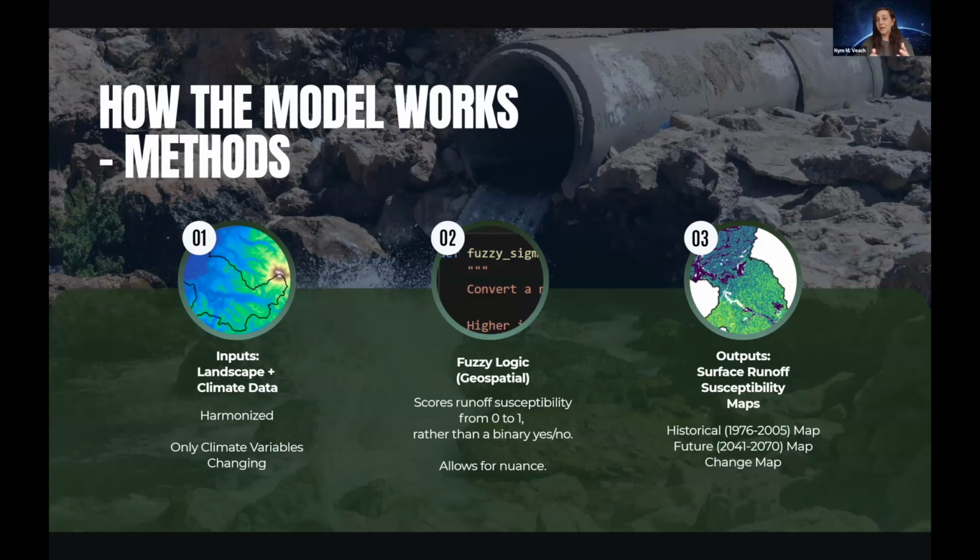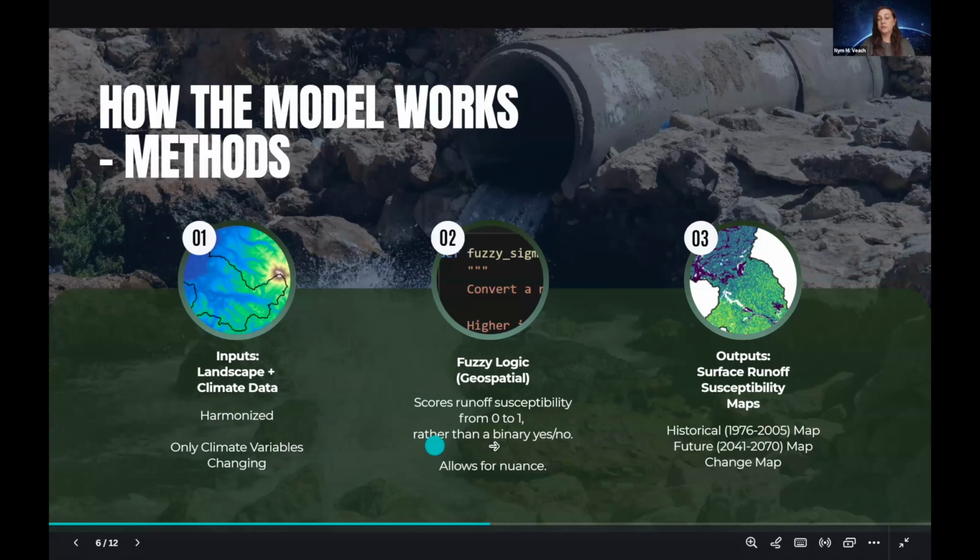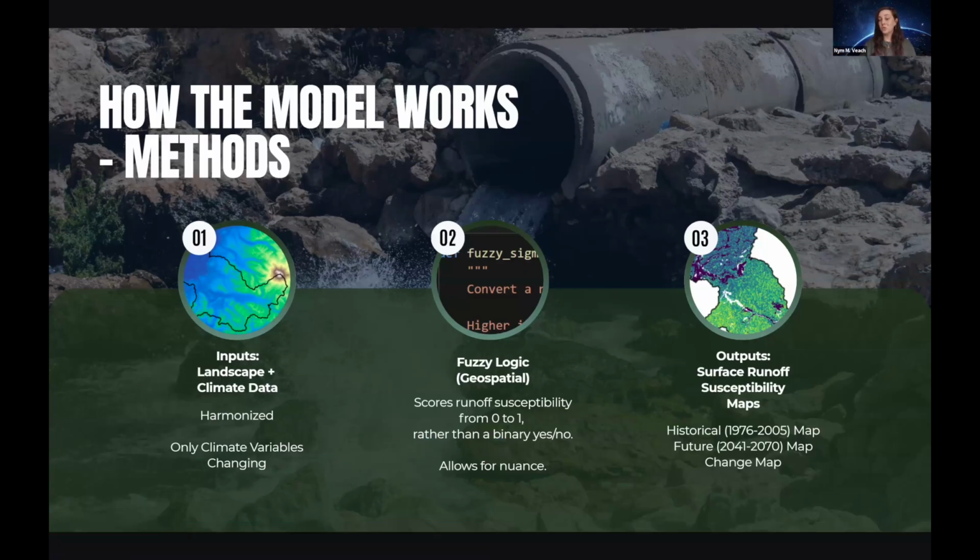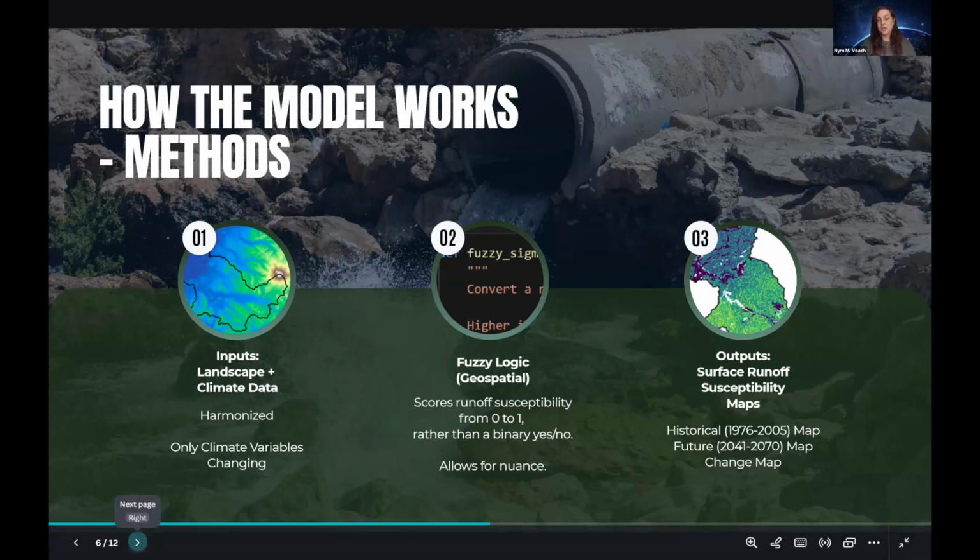It allows multiple variables to compound and to weigh how much surface runoff susceptibility there is. The outputs were susceptibility maps: historical, 1976 to 2005; a future map, for which I did mid-century so that we see the climate change projections but it's still near enough term that planning or decision making can be relevant to where we're currently at; as well as a change map to look at the changes.